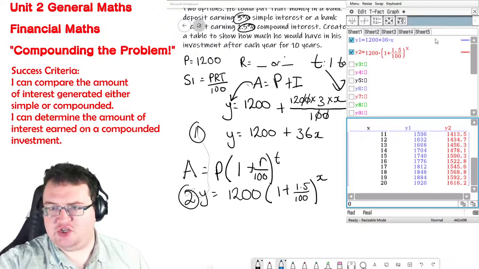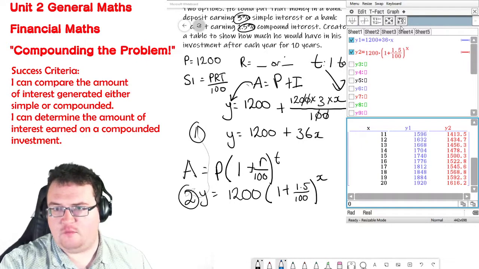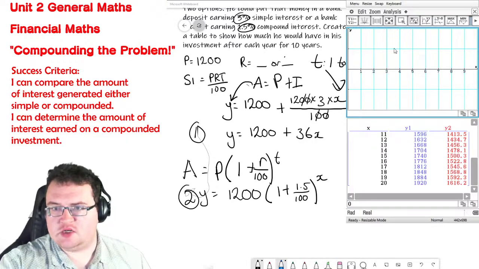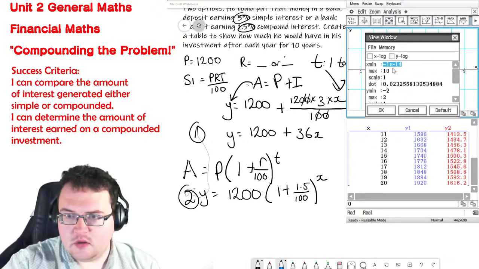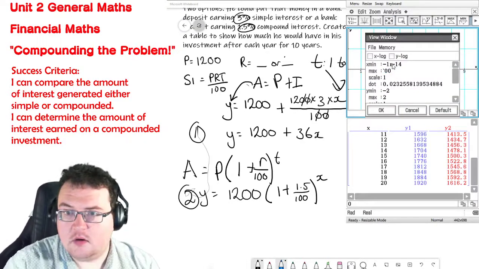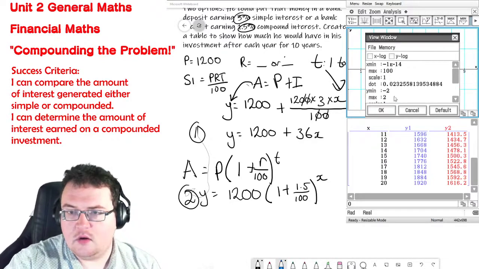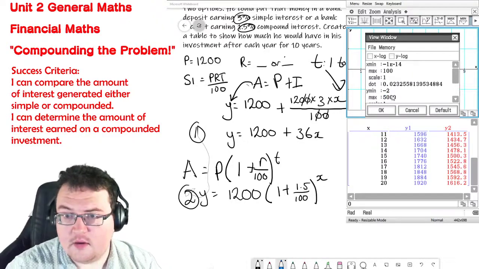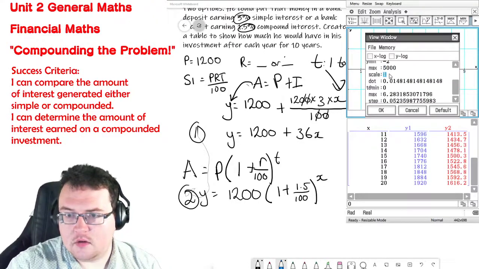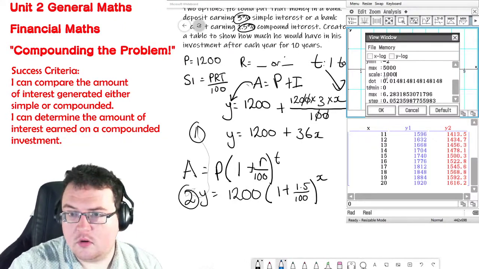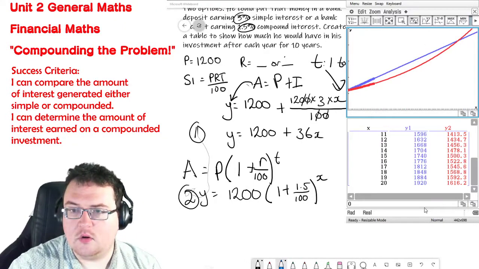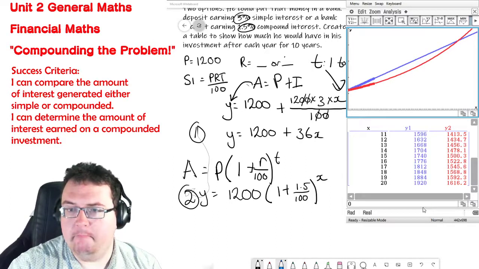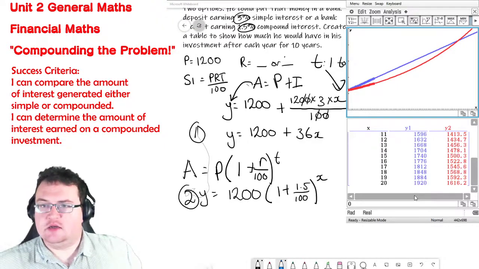Let's do it graphically. We've got our graphs or equations, so let's graph it instead. And we'll go to... So there you go.